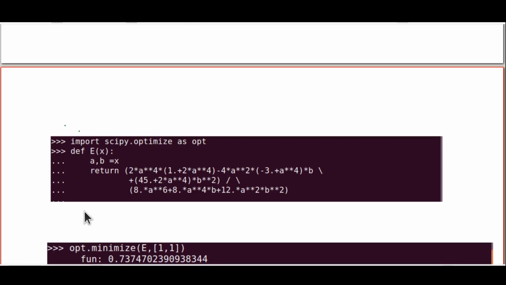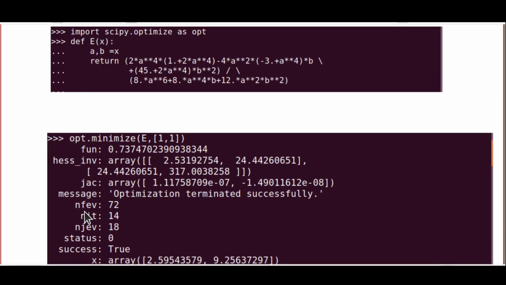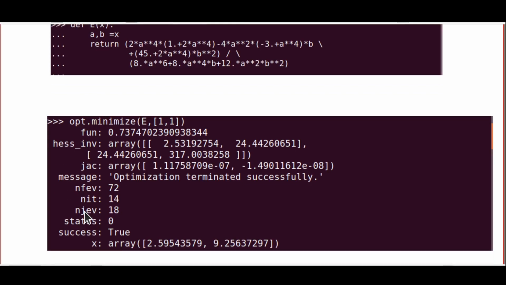Okay. Now this produces a rather long output which you can see out here. But what is of interest to us right now is the first line of the output and the very last line. The data in between is actually quite important, and if you want to understand exactly what all of these things mean, you need to take a look at the documentation which is available online.